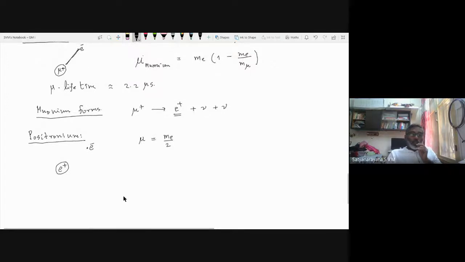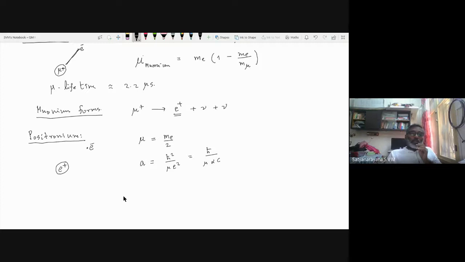So if you look at the Bohr radius, for example, the Bohr radius is given by h bar squared by mu e squared, right? Or you can write this as h bar divided by mu alpha c.